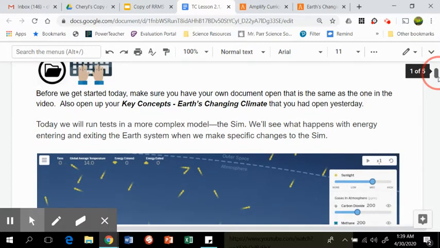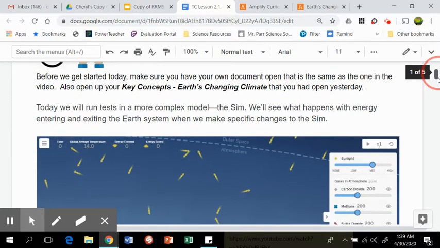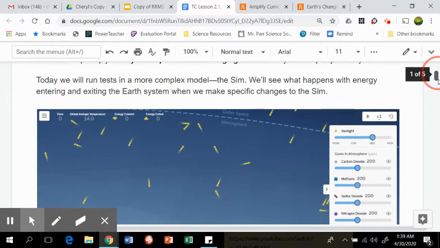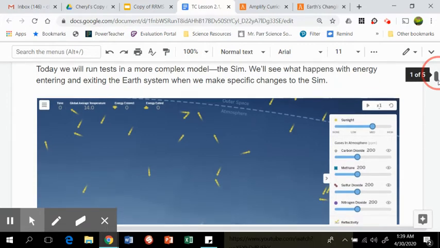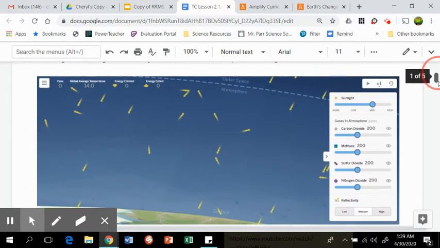So today we will run tests in a more complex model, the SIM. We'll see what happens with energy entering and exiting the Earth system when we make specific changes to the SIM. Yesterday in the lesson, you were just imagining what would happen, thinking about energy entering and exiting a system. Think about that bucket that was part of your warm-up.